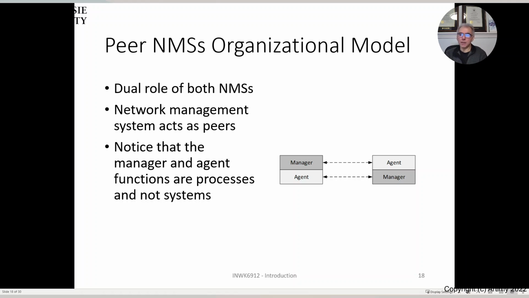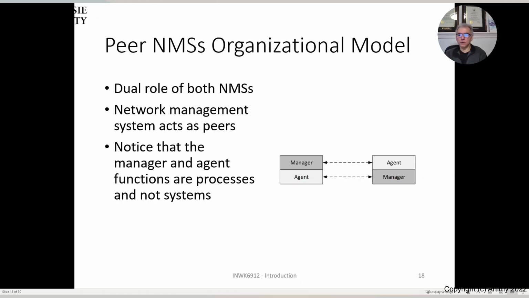Another example is if we want two network management systems to work for reliability issues. So instead of one network management system, which if it fails, of course, we will lose any network management, we have two of them.